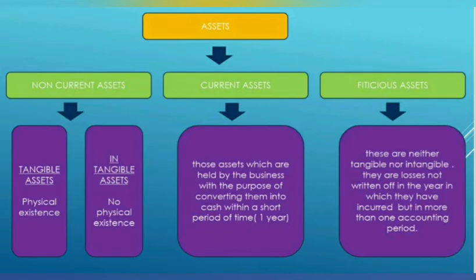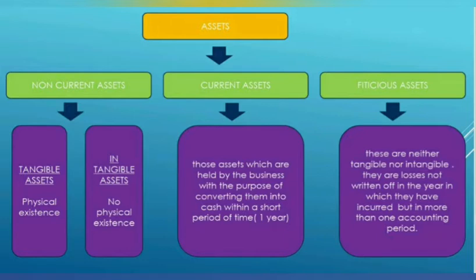Then comes your fictitious assets. These fictitious assets are neither your tangible assets nor your intangible assets. These are actually your losses that are not written off in the year in which they are incurred. That means for the accounting year, if you have incurred any loss, in that particular year, that loss has not been written off.